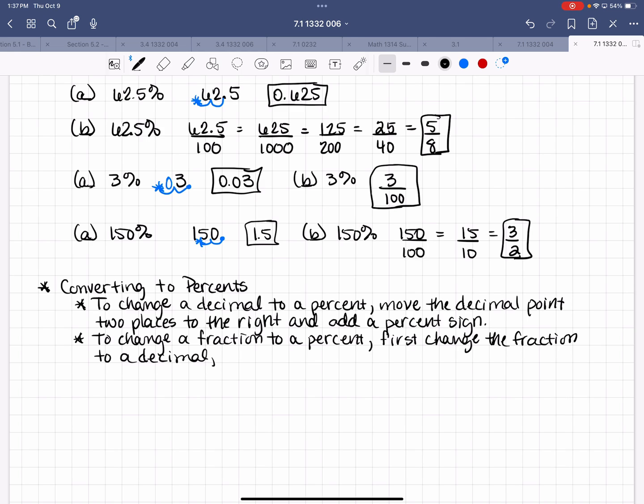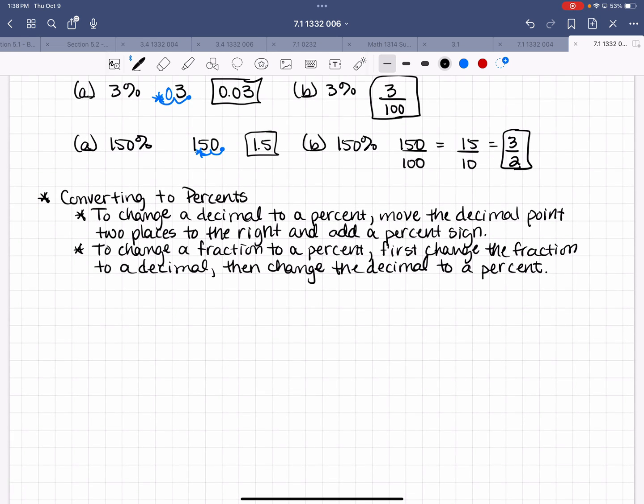Then change the decimal to a percent. Okay?